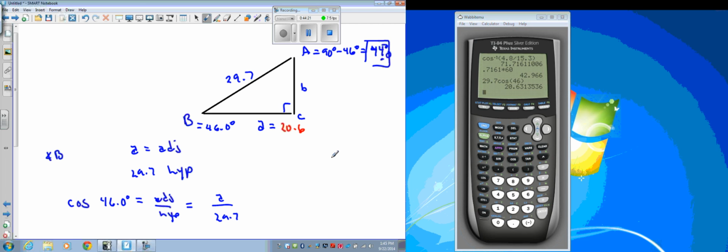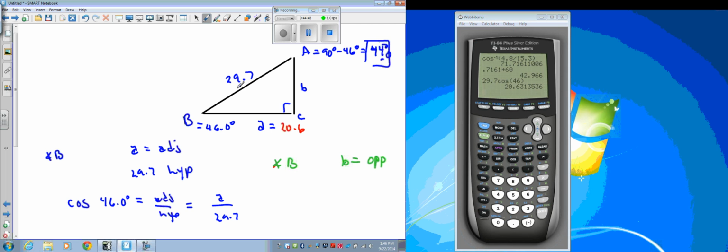Now I want to calculate B, this angle. This little b is what? The angle B. B is what side? Opposite, right?